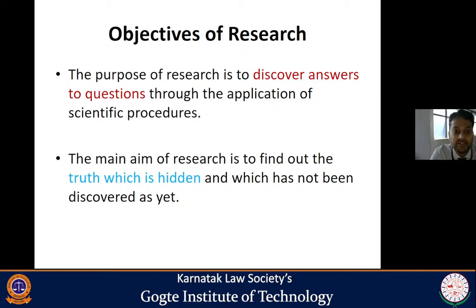First and foremost you need to frame the questions. Based on those questions, you need to discover the answers through some methodologies, and that methodology, what we are going to study, is the research methodology. The main aim of research is to find out the truth which is hidden and which has not been discovered as yet. So these two are the main objectives of research.